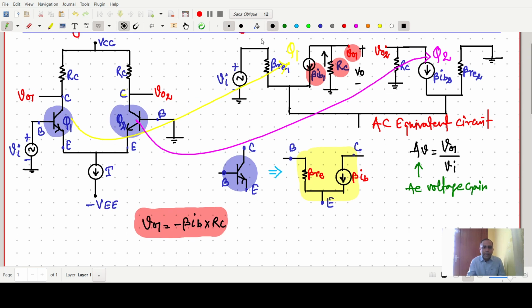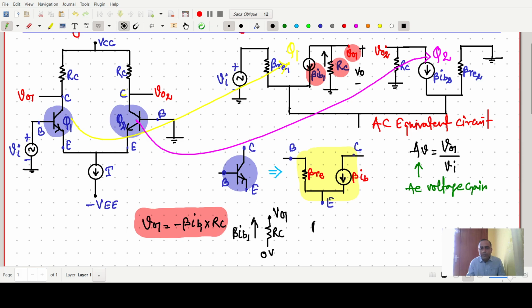Better to write IB1. This is our resistance RC, this voltage is 0 volt, this is our V naught 1, and the current is flowing like this, our beta IB1.